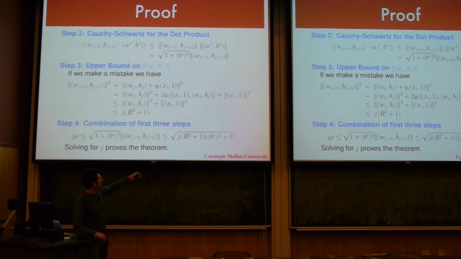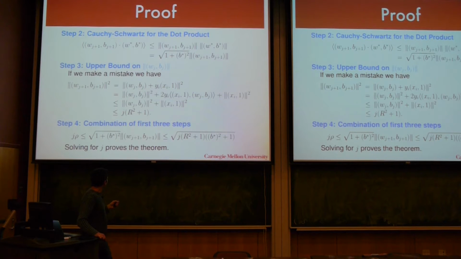That's just the cross term. Therefore, less or equal then refers to the third term. And we know that this term here is bounded by r squared, with the xi norm bounded by r. So in other words, I get this bound for the squared norm.